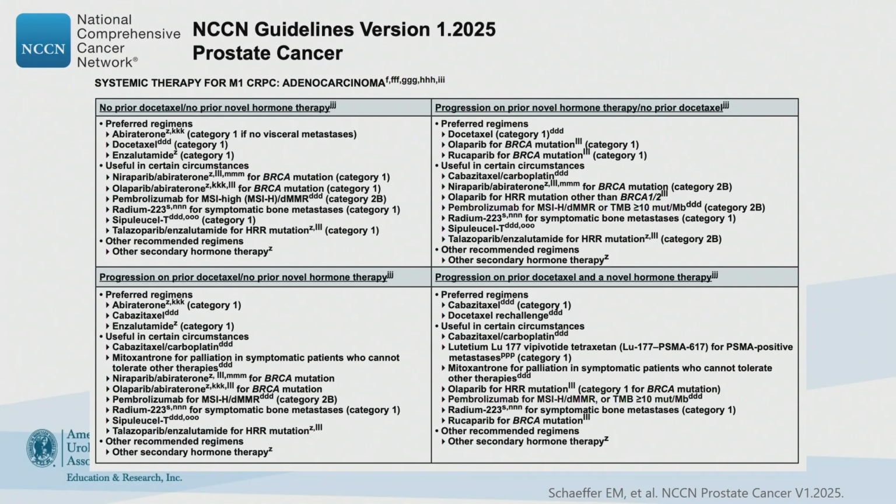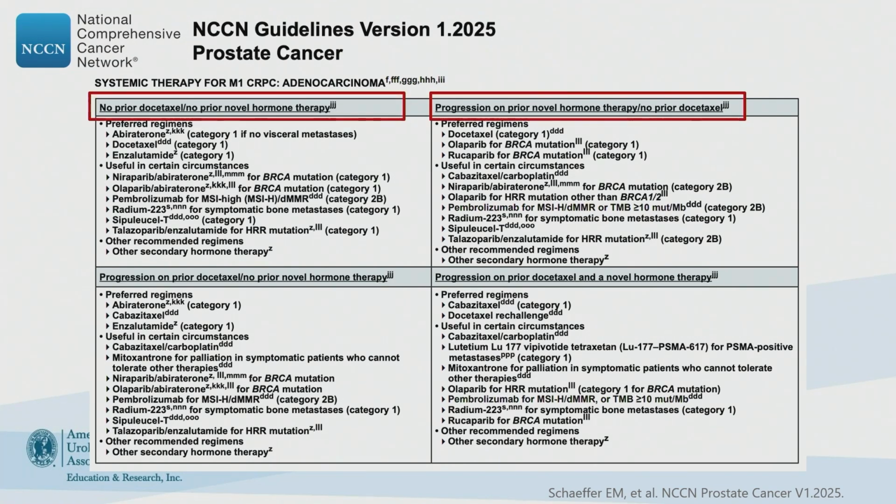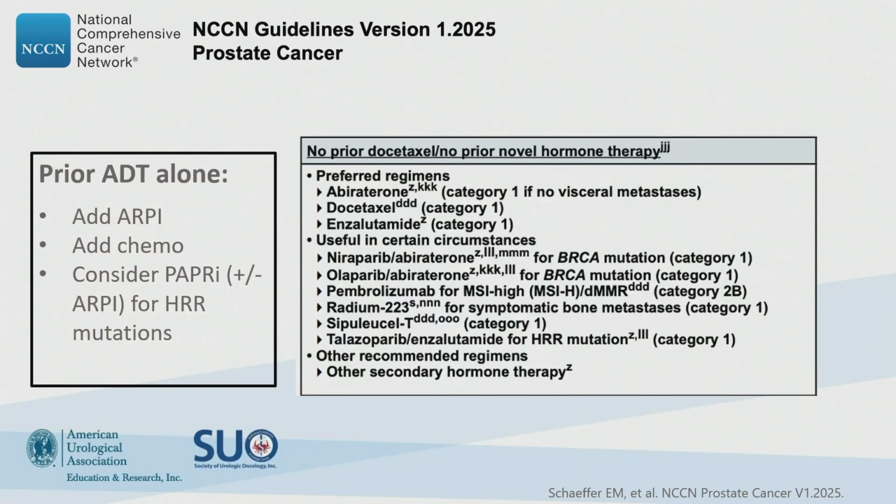And as we continue to see this very complex figure, I'll reiterate that if you are using a lot of these systemic therapies, this can be overwhelming because it is simply a list of a lot of different treatment options, but it also can help you organize a little bit because each of these boxes helps us understand where a patient has been and where they might be going. Again, the top two boxes perhaps being most relevant for urologists because these are the patients who have not been exposed to prior docetaxel chemotherapy.